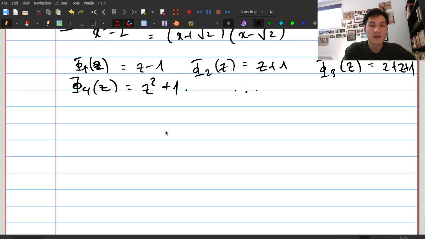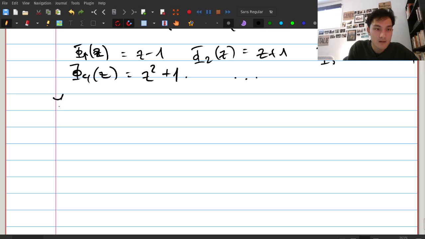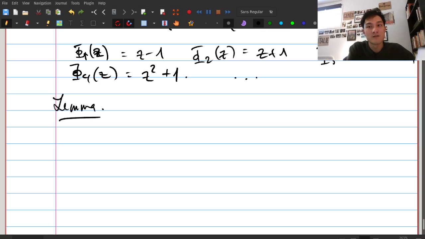Let's see. Okay, so first we're going to need a lemma. We are actually going to have to work over F_p in our proof later, that cyclotomic polynomials are irreducible. So we need a lemma in F_p. F_p, of course, is the finite field with p elements.